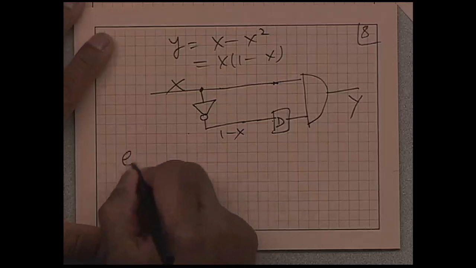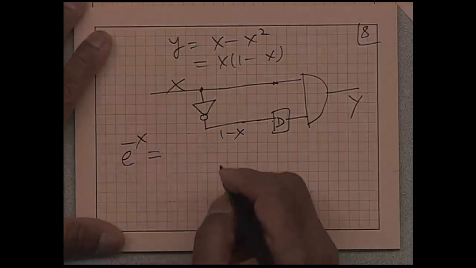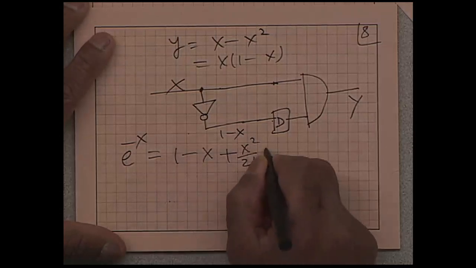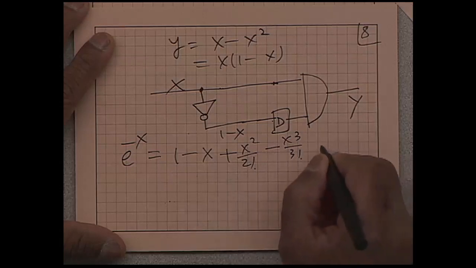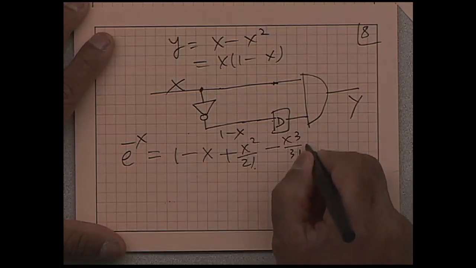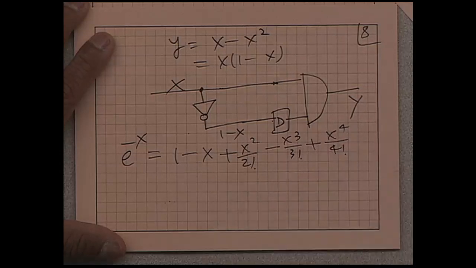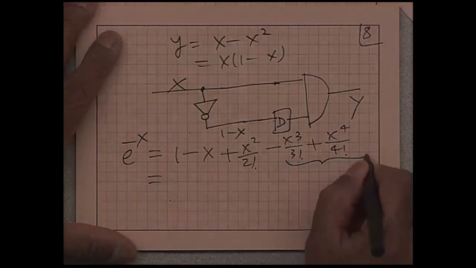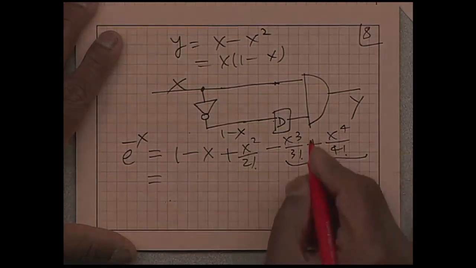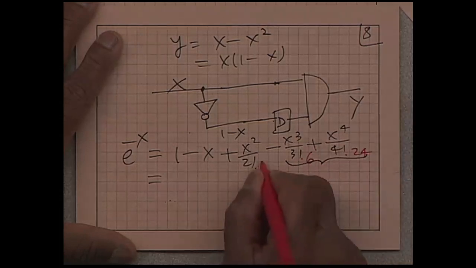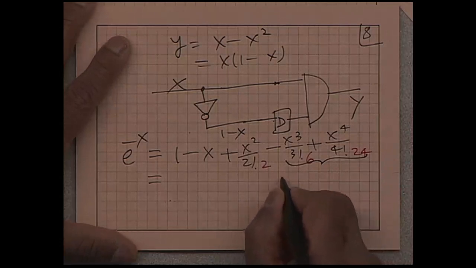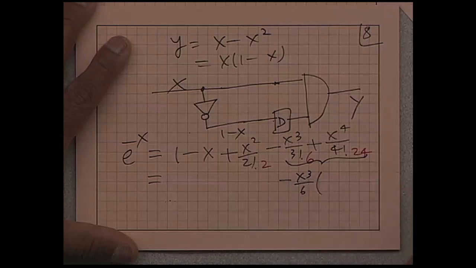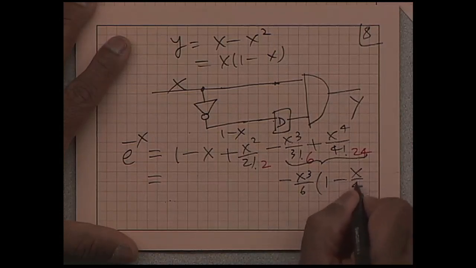If I want to compute e to power minus x, I can express that as a polynomial expansion, 1 minus x plus x squared by factorial 2 minus x cubed by factorial 3. Let's just take up to here. Let's take one more term, x fourth by factorial 4. We can stop with that. So you apply Horner's rule. These numbers are 6, 24, and 2. So minus x cubed by 6 taken outside a bracket, we get 1 minus x by 4.